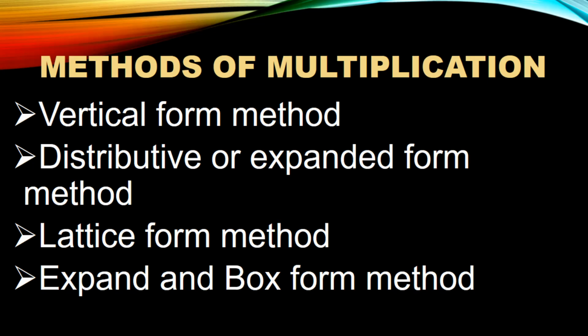So you change both the number and the multiplier into their real values, and then you arrange them in column and row. Then you multiply each column and each row. After then you add all the products that you got. Okay, and that is the expand and box form method.